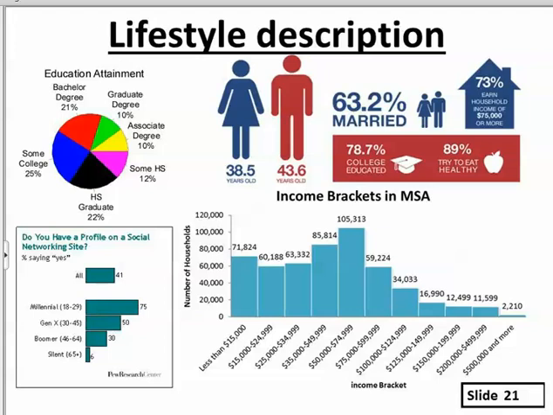Now, here we're looking at something a little different. Again, a pie chart that looks very similar, but this pie chart's breaking out by educational level. The box in the lower left, now we're talking about what percent of what age bracket is going to have a presence in social networking, either Facebook or Twitter, what have you.